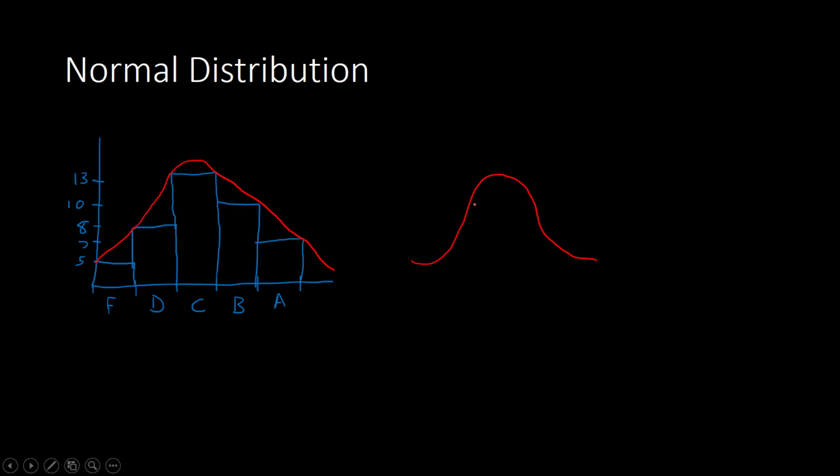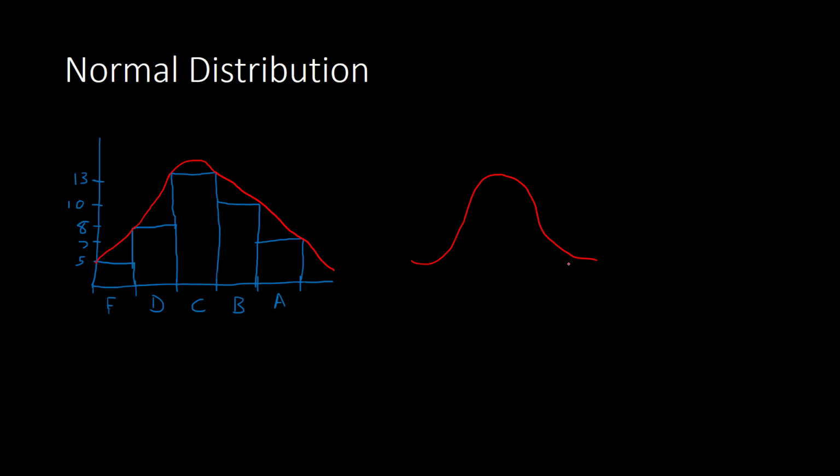So many different things in everyday life would be considered a normal distribution, such as heights, for example. If you're referring to the grades of a student, or maybe the average pay of a person, and you were to graph out the pay of every individual, you would get something along these lines, where the majority of the people or the data would fall within a certain range here in the center, which would be like the average, the mean.